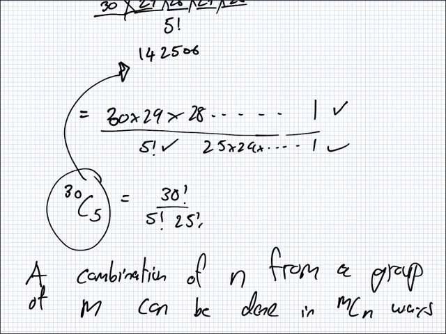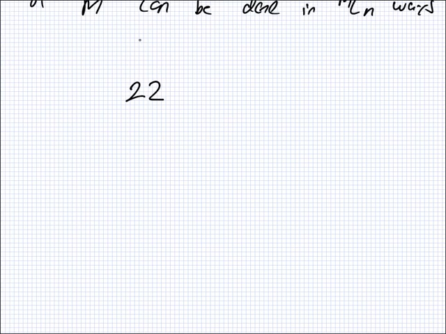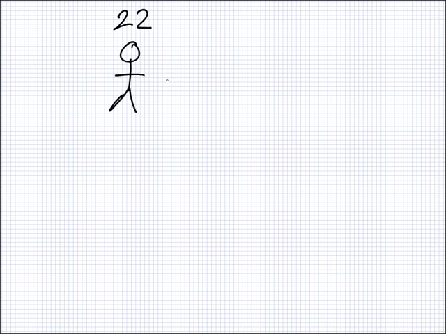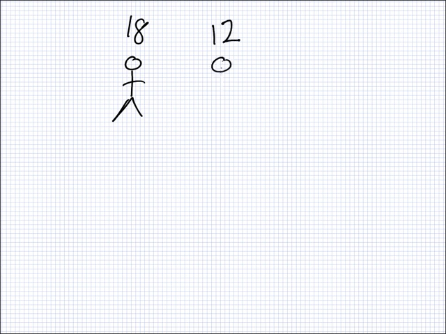Yeah? Okay, so let's look at one using this, but a little bit harder now. So again, we'll keep it the same. There's 30 students in the class. At this time we'll make it 18 male and 12 female.